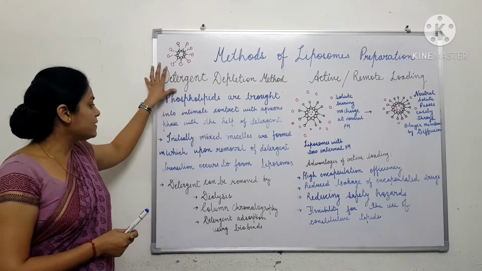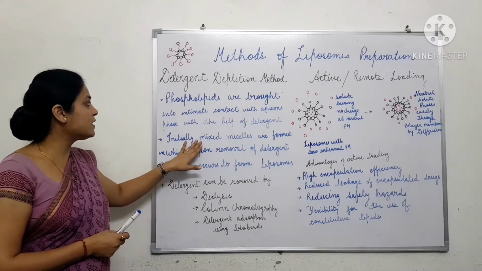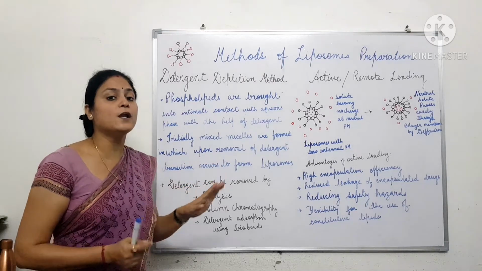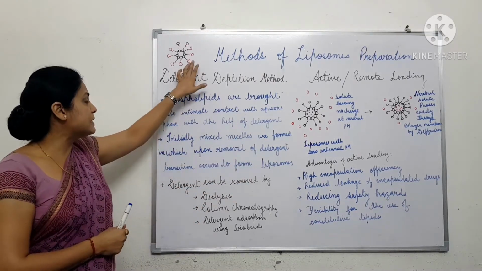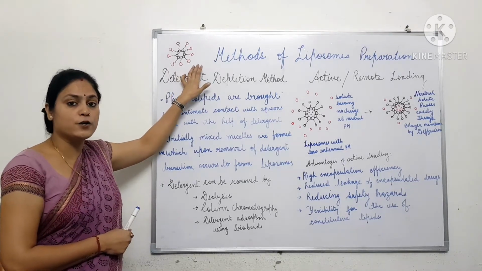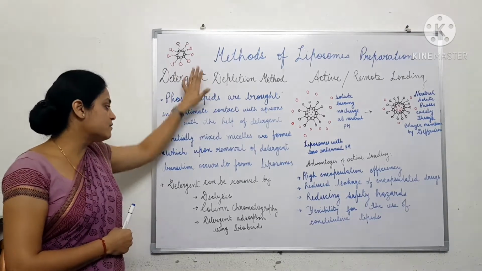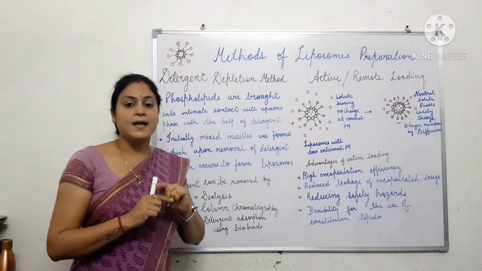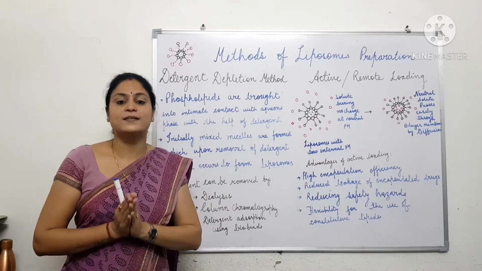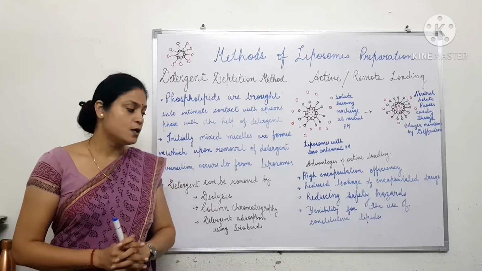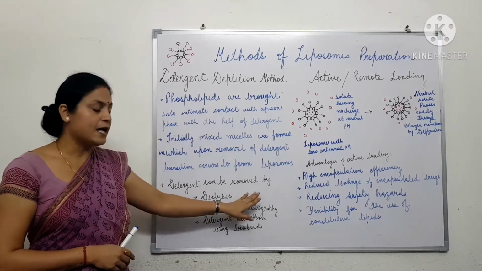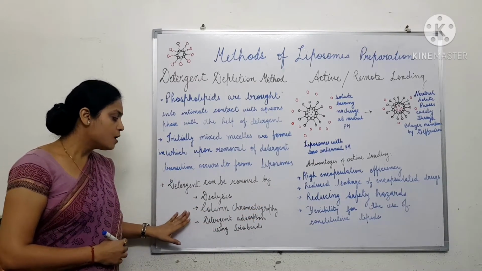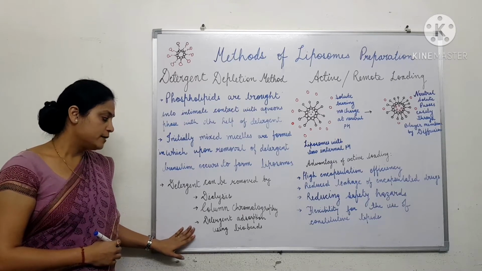After the formation of these mixed micelles, when the detergent is removed by various techniques, the mixed micelles transition to form phospholipid bilayer concentric vesicles, which are called liposomes. The detergent can be removed by various techniques, for example dialysis, column chromatography, or detergent adsorption.